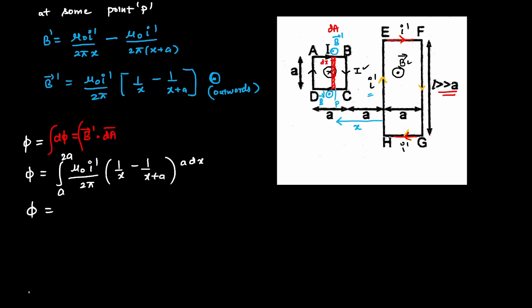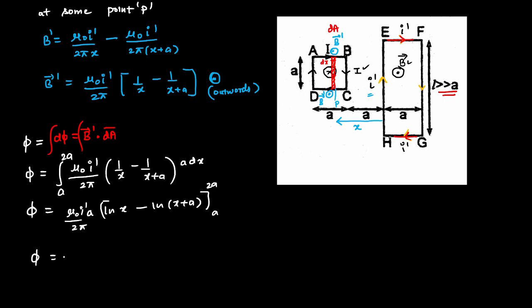Now after using this approximation, we can say mu naught I dash by 2 pi, and integration here: ln of x minus ln of x plus a. I'm just integrating with respect to x, and I have a here. So this is what our integration is, and our integration limits are from a to 2a.